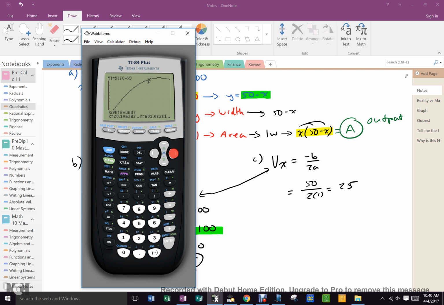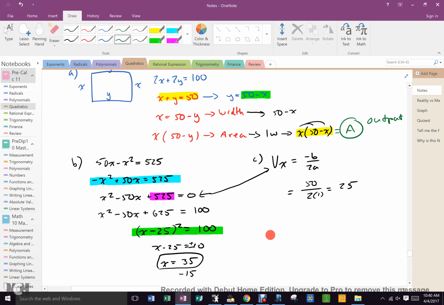Because I'm on the left, then I'm going to tap out here and get on the right. Once I go over the hump, once I start going back down, I'm good. Enter, enter. And guess. When x is 25, y is? So that's the biggest area I can do. And it's at x is 25.